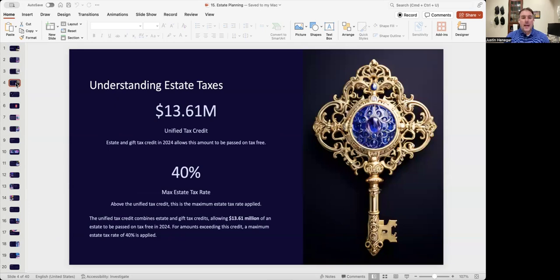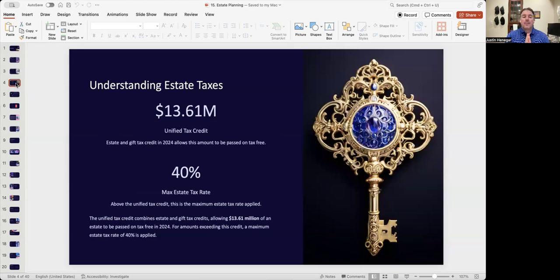And as a couple, if there's a married couple, they would actually get up to 27 something million dollars. But each individual has $13.61 million of assets that are automatically exempt from estate tax.